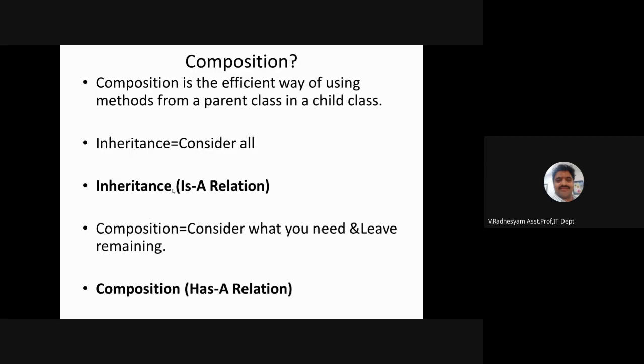What is composition? Composition is an effective way of using the methods from a parent class in a child class. Inheritance considers all the methods to be inherited from one class to another. That's why inheritance is popularly known as the is-a relation.